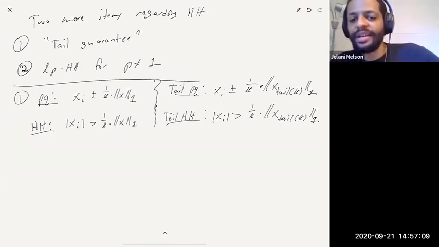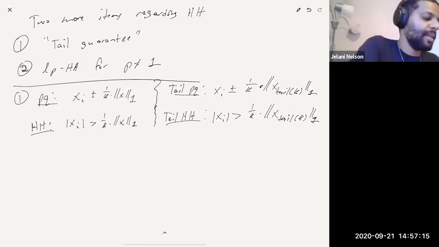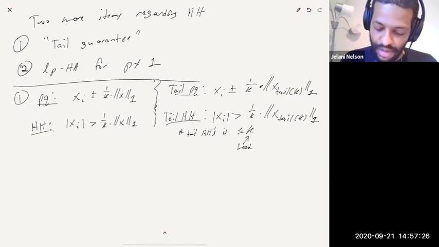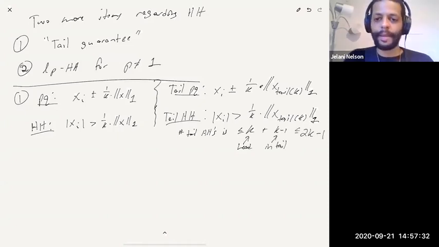You're in the tail, but you're bigger than a 1 over k fraction of the tail. There have to be fewer than k such people. So the number of tail heavy hitters is basically at most k, this is the head, plus k minus 1, this is in the tail. So this is at most 2k minus 1.